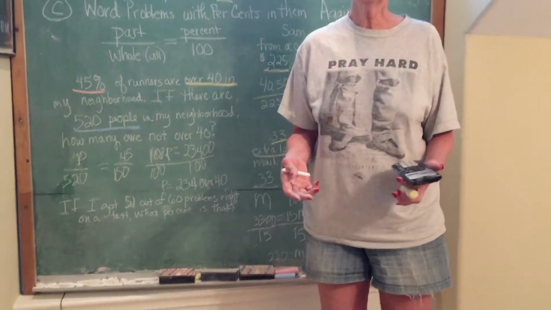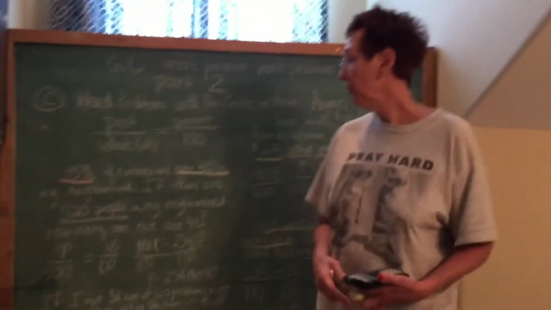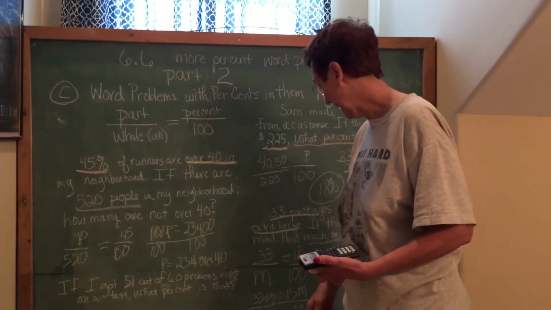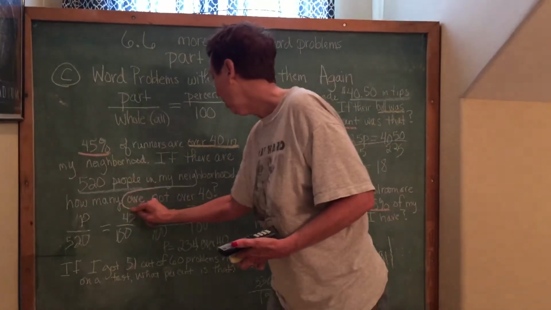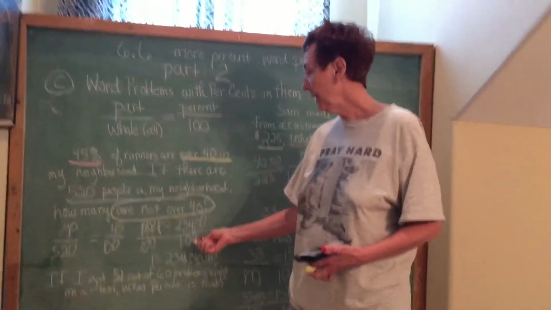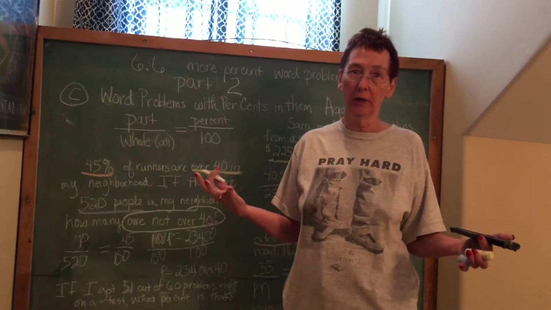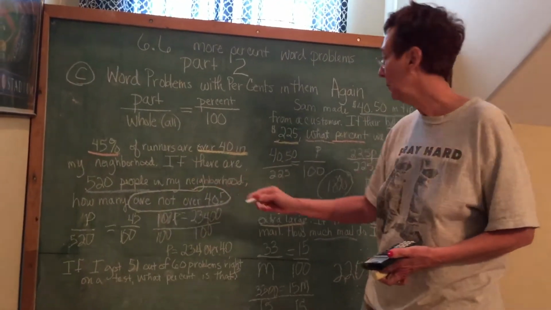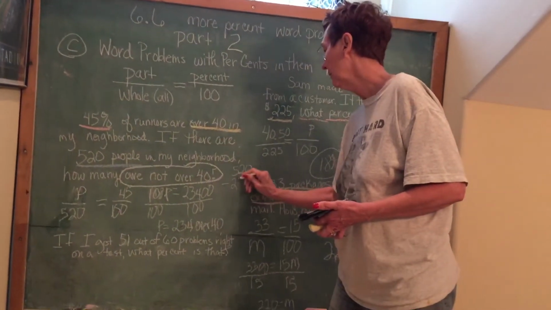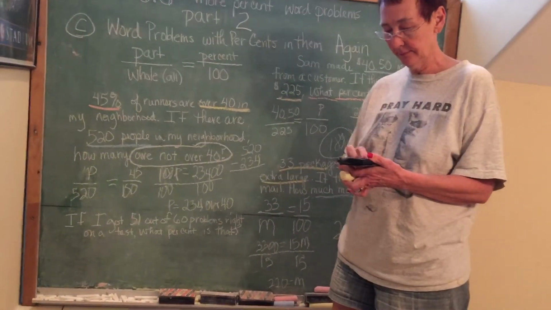So you have 234 people over 40, but be careful. What did the question ask you? The question didn't ask how many people were over 40. The question said how many people are not over 40. So we have found how many people are over 40. How would we find how many are not over 40? We would take how many people were in your neighborhood, 520, and subtract out 234, because those are the people that are over 40.